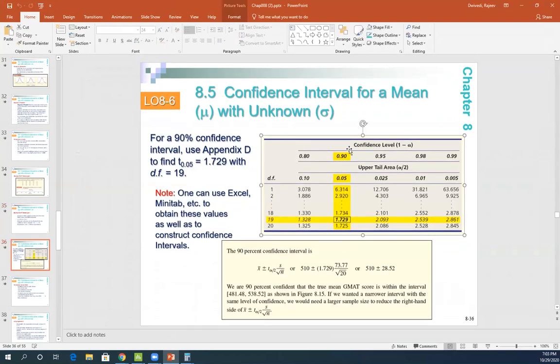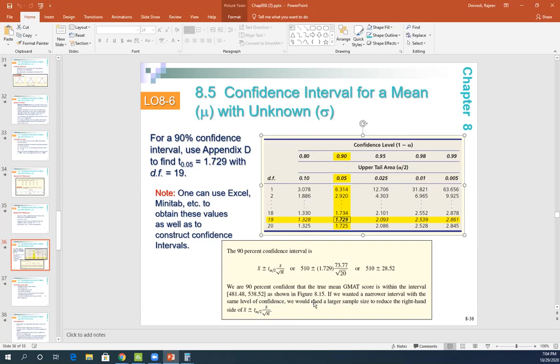I'm not putting in all these numbers because we can get them all in Minitab; the 90% confidence interval calculation comes automatically. We are 90% confident that the true mean GMAT score is within the interval 481.48 to 538.52. If we wanted a narrower interval at the same level of confidence, we would need a larger sample size to reduce the right hand side.